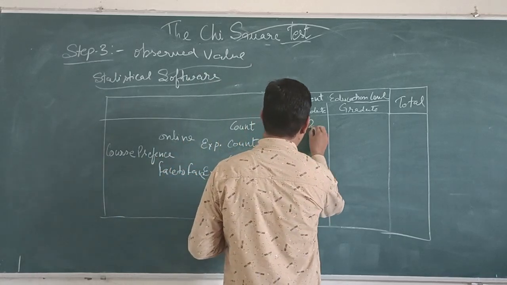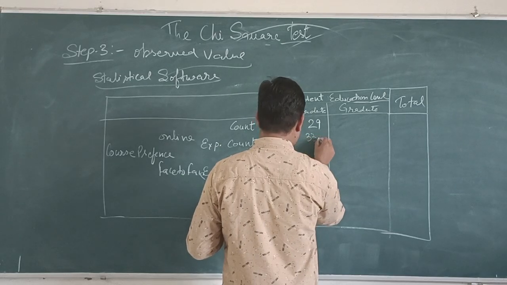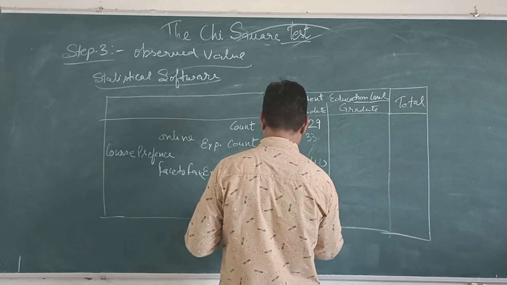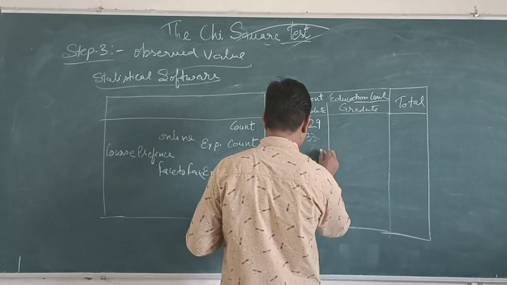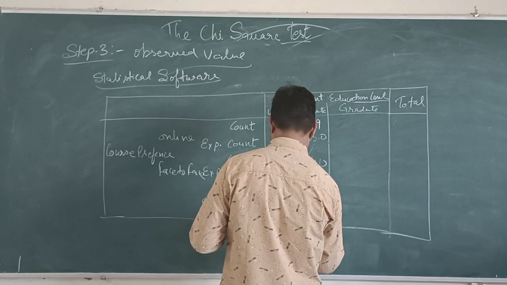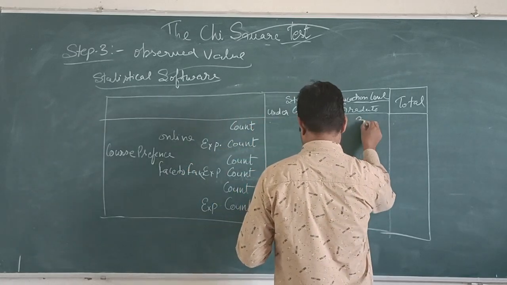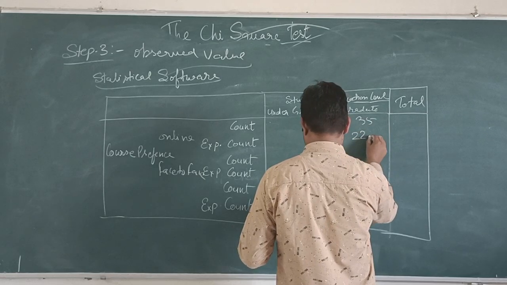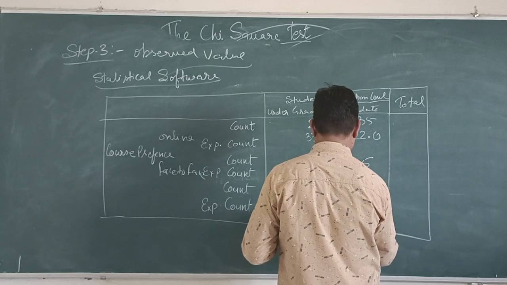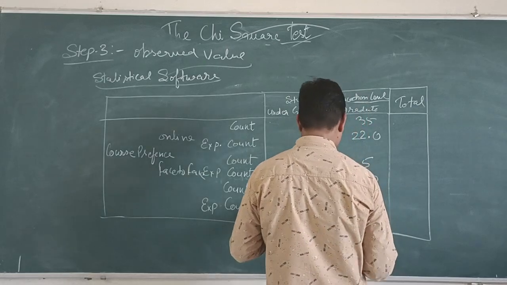These are for count. For online, count is 22. Expected is 33. 40, 27, that is 60 and 60.0. For it, 35, 22.0, 5, 0.